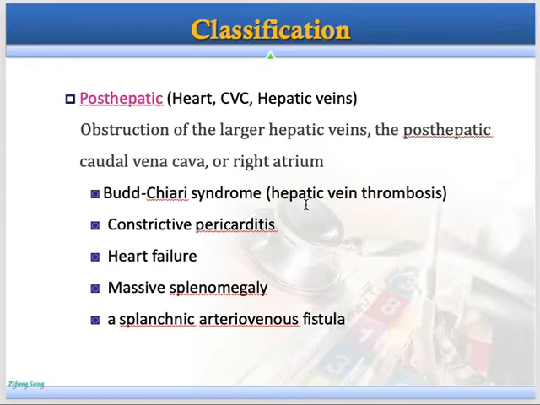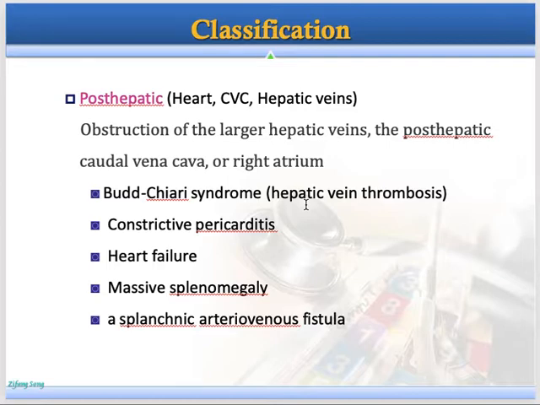Ultimately, we are discussing portal hypertension now, so they will develop portal hypertension and have all these things. Now, how we treat that, we will discuss later on, right?